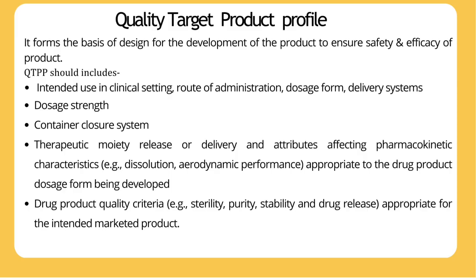Let us see one by one. The quality target product profile forms the basis of design for the development of the product, to ensure safety and efficacy of the product. The quality target product profile includes the intended use in clinical settings, route of administration, dosage form, delivery systems, and also the dosage strength.